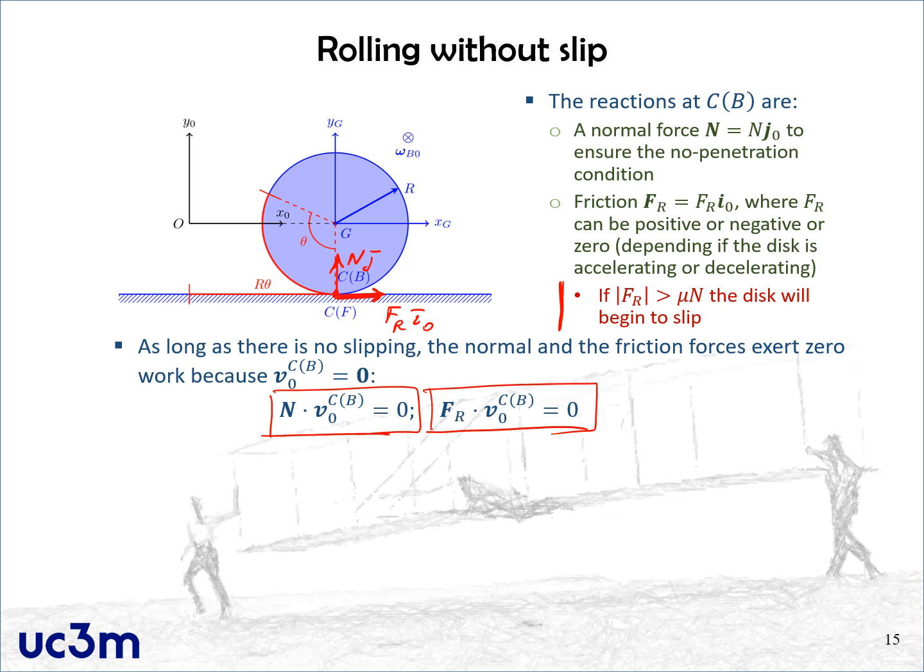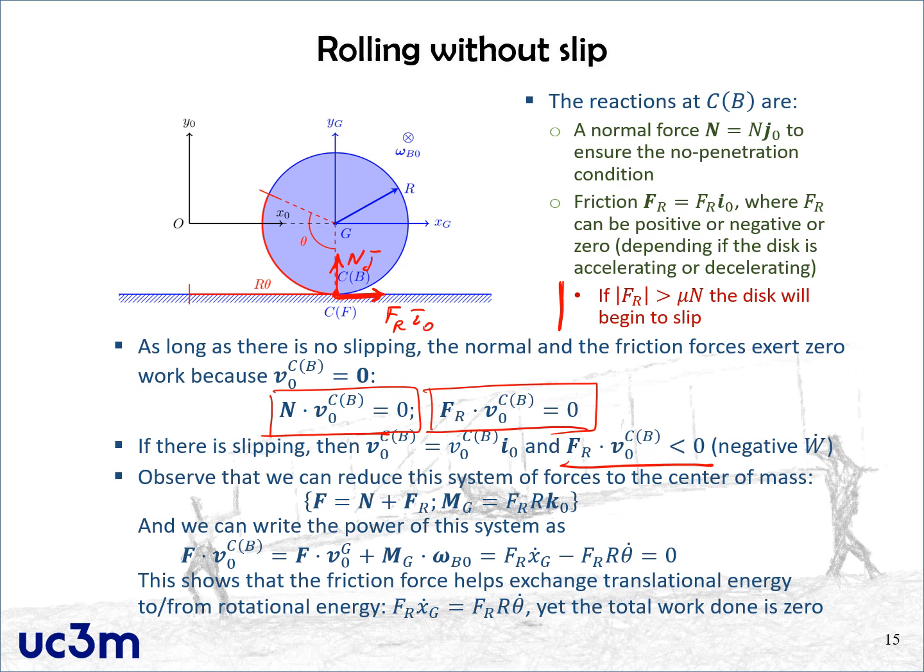And that is important. So as long as the friction force is a reaction force and the contact point velocity is 0, the friction force does not exert work. However, whenever there is slipping, the friction force will create negative power, so it will dissipate power from the system.